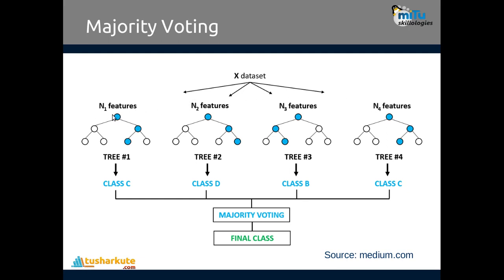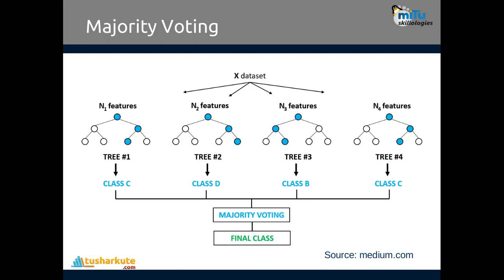For example, the first tree goes in this direction and finds class C. The second goes in this direction, class D. The third goes in this direction, class B, and the last goes in this direction, class C.